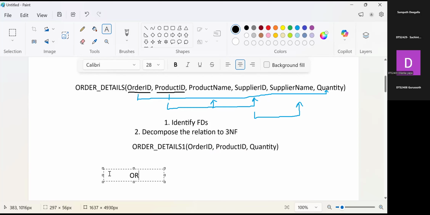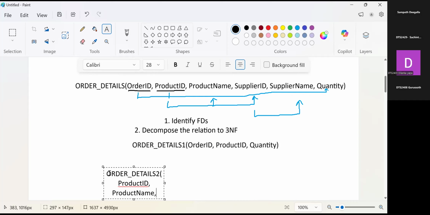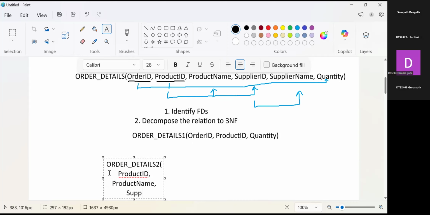Then we can have product ID, product name, supplier ID, supplier name.